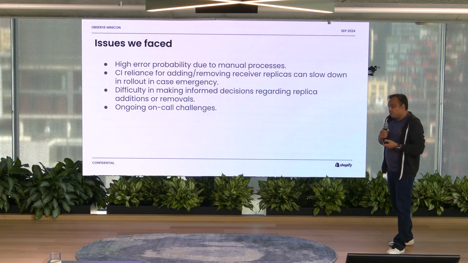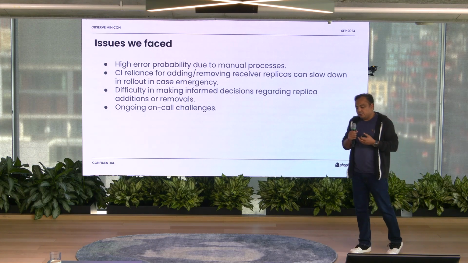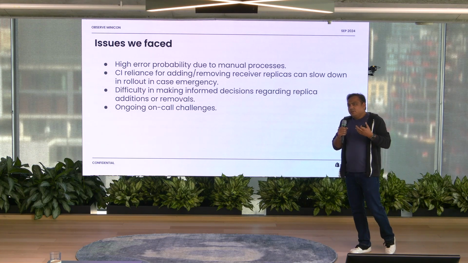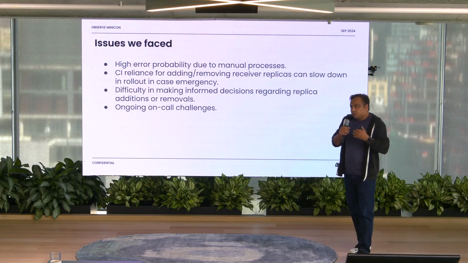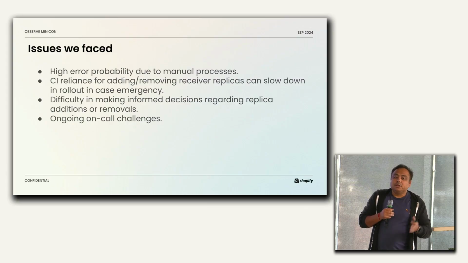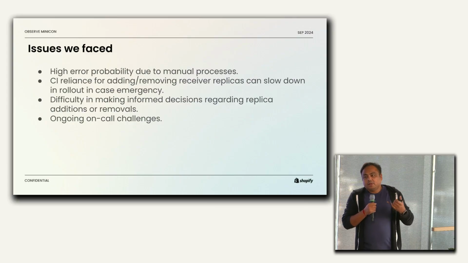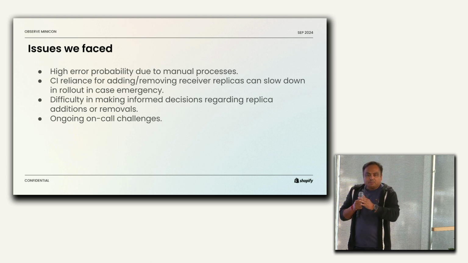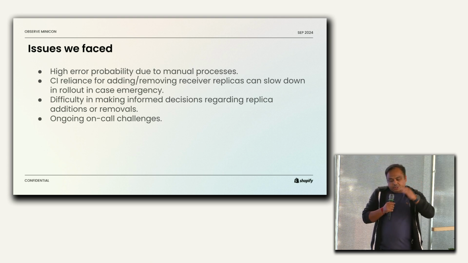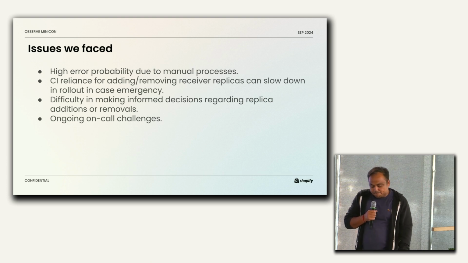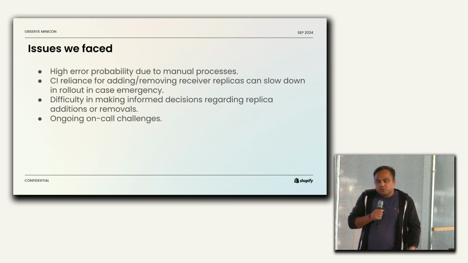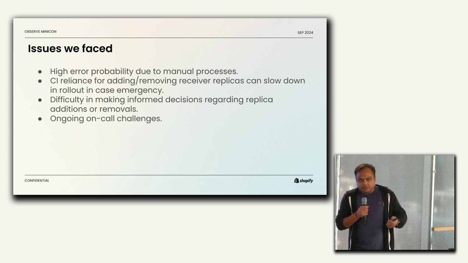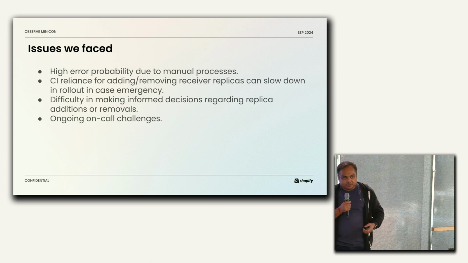These commands don't manage receiver state. What if the tenant is so big that we need to add a new replica for the receiver? These commands can only move tenants within the existing replicas. So we have to do CI. We'll create a PR and post it into the Slack channel.